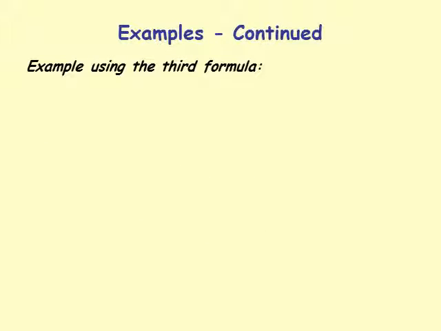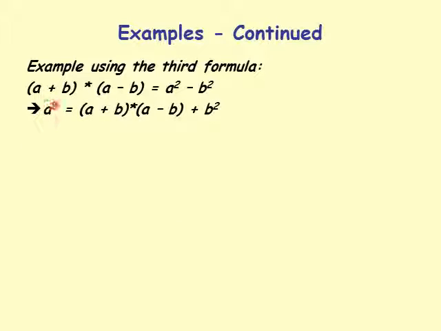Let's do some more examples. Now we're going to use the third formula, which we have not used so far. We will rewrite this formula so that a squared is (a plus b) times (a minus b) plus b squared.